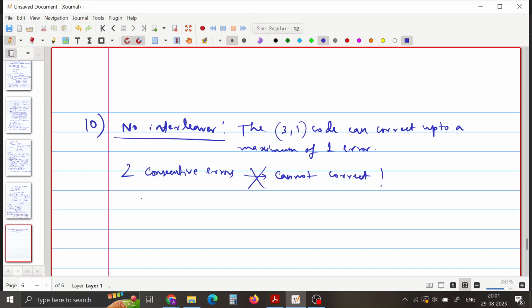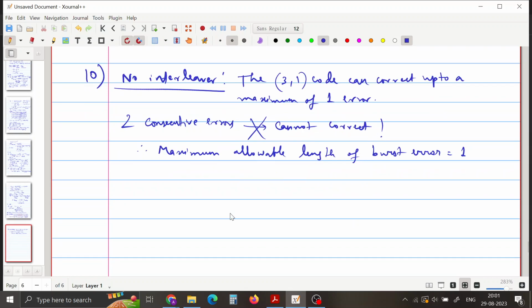Therefore, your maximum allowable length of burst error would be 1, simply based on the error correcting capability of the code itself. There is no interleaver. Fine.